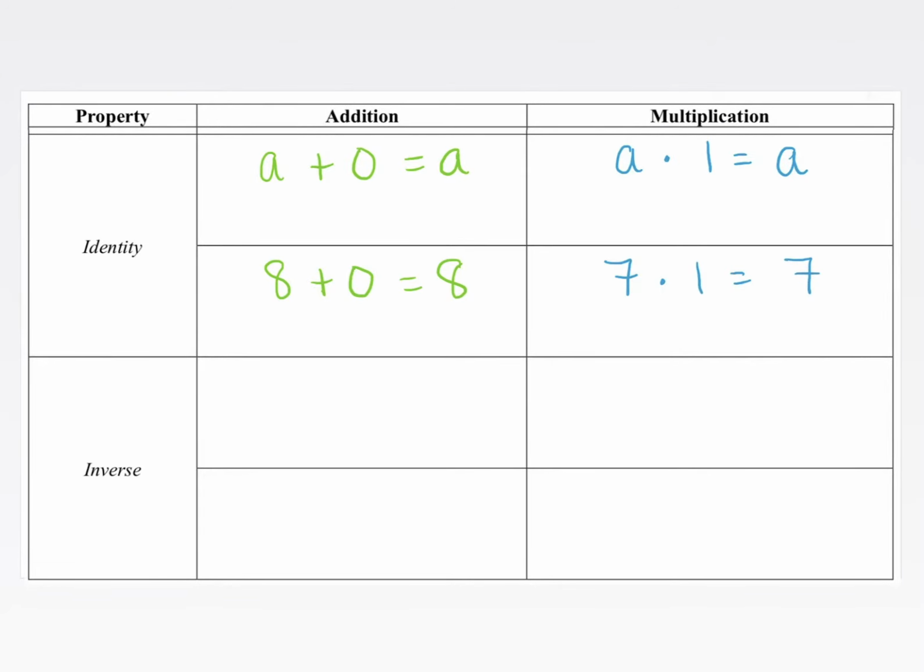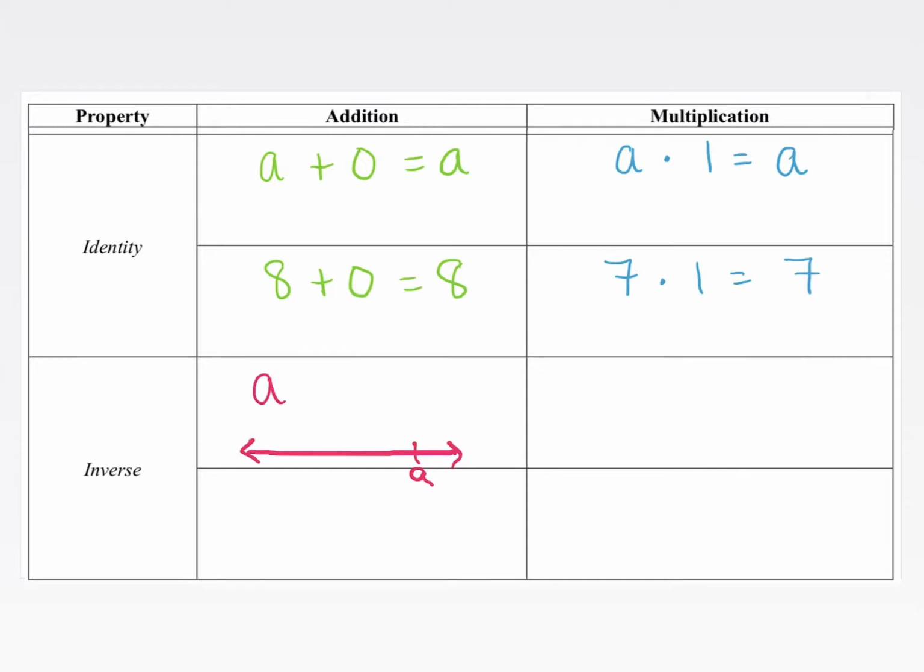Moving along to the inverse property. Now inverse, sometimes people usually think of opposites, and that's partially correct. Opposites are correct when we're referring to the additive inverse property. So for example, if we look at a number line and we're at some space A on our number line, the inverse of A is the opposite of it.